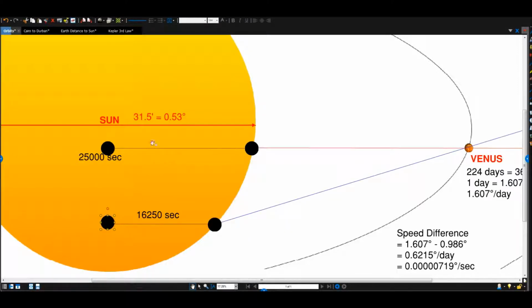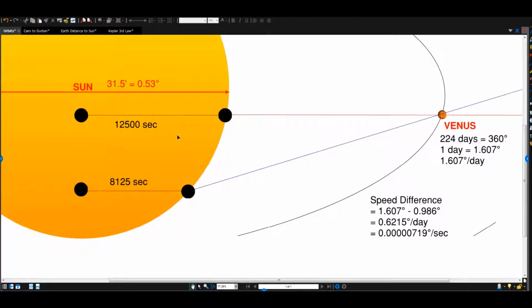There you go. So we've halved these, right? So to do half the sun, it takes 12,500 seconds up here, and to do half the sun down here, it is 8,125 seconds, right? So to get from the middle of the sun to the edge here is 12,500, and 8,125 down here, which is fair enough.